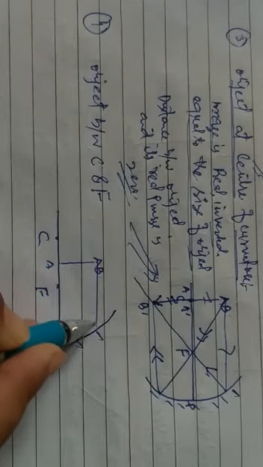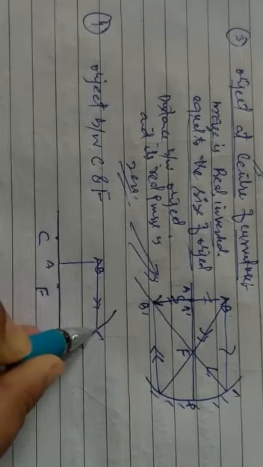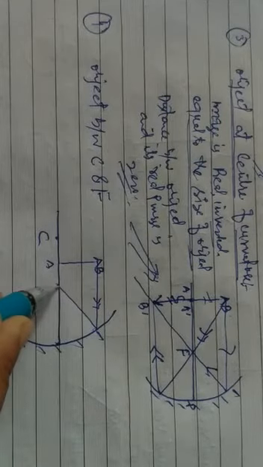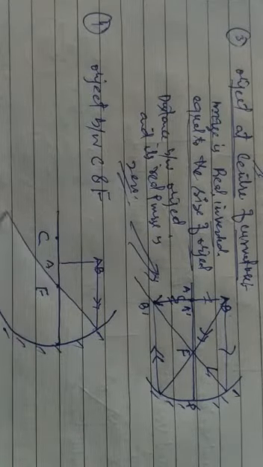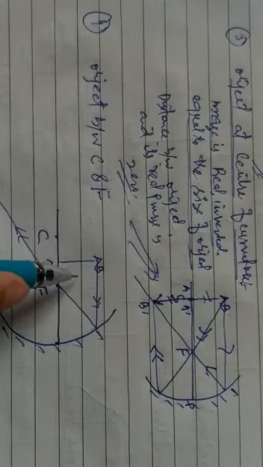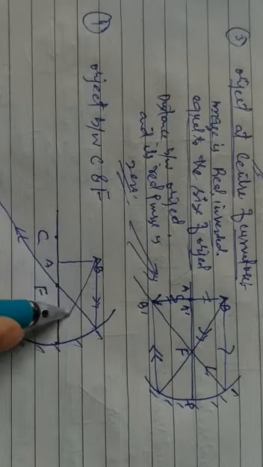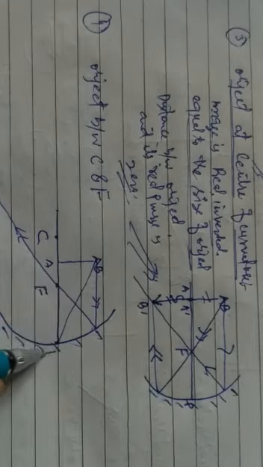One ray which is parallel. Once it is parallel, what will happen? After reflection, it will pass through the principal focus. Another ray which we are going to incident at the pole. This is the pole of the mirror.